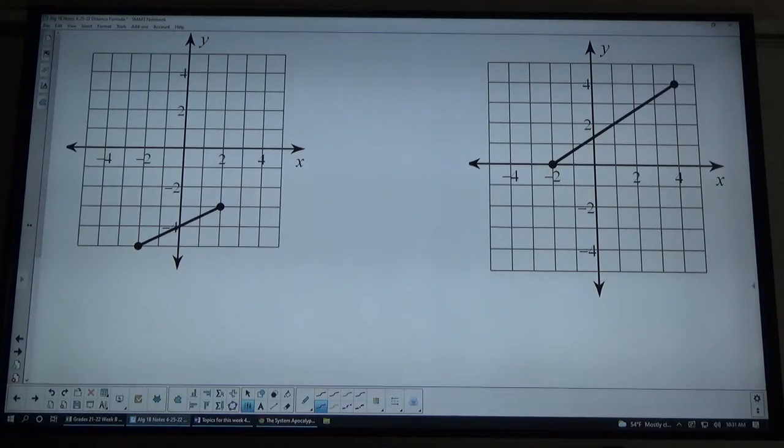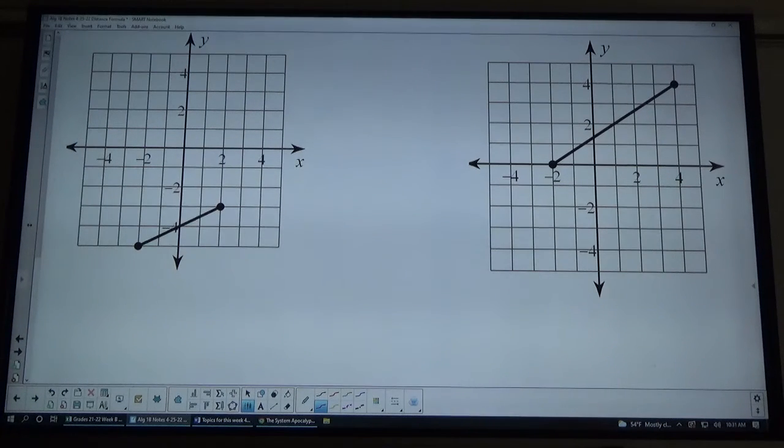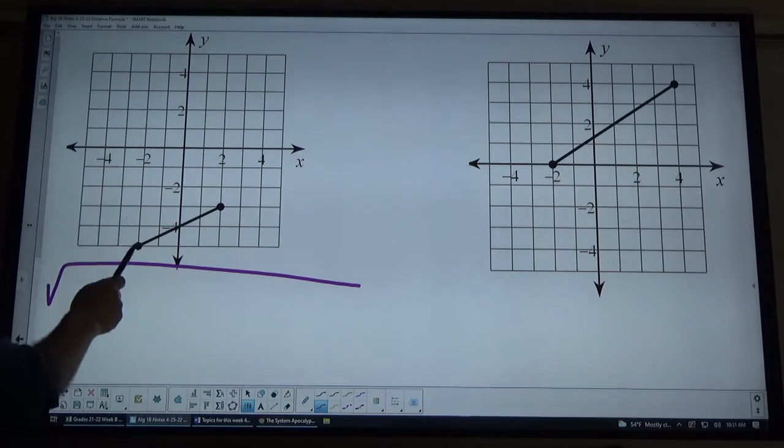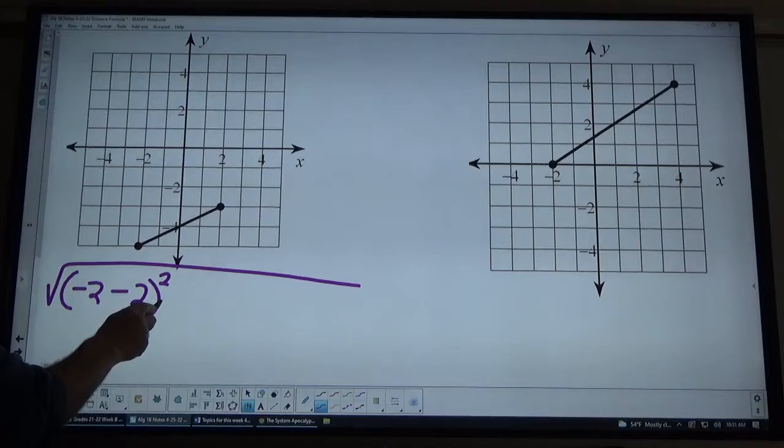This time, I'm going to do it a little different. Instead of writing out the coordinates, I'm actually going to count the coordinate. Negative 2 is the x value, and positive 2 is this x value.